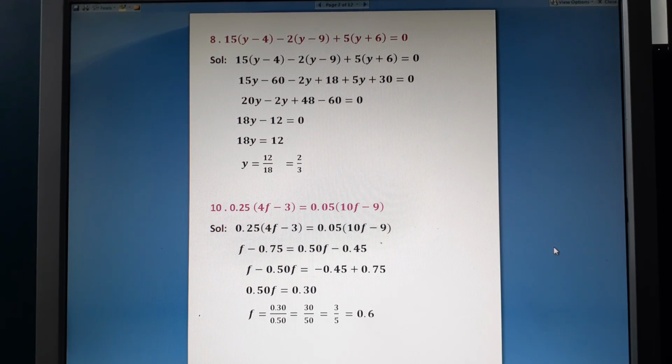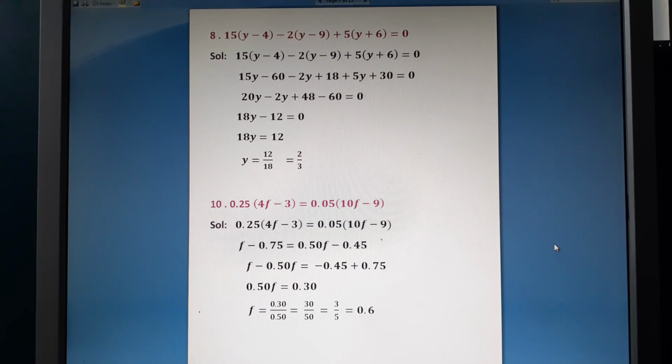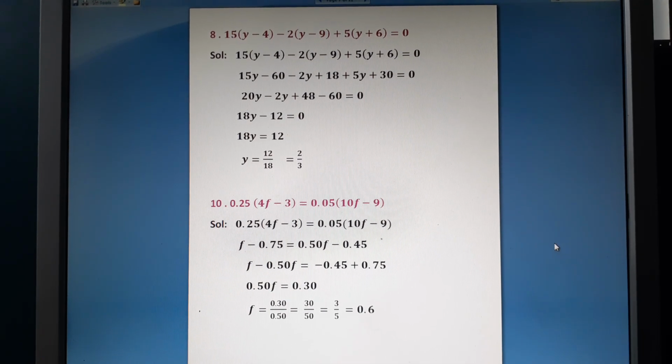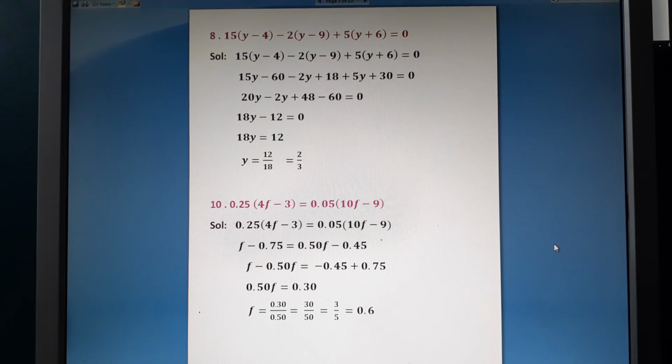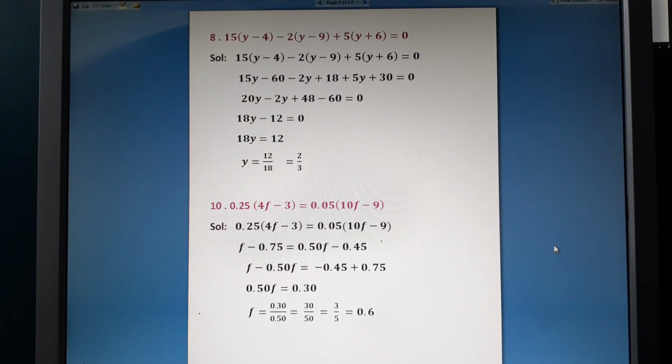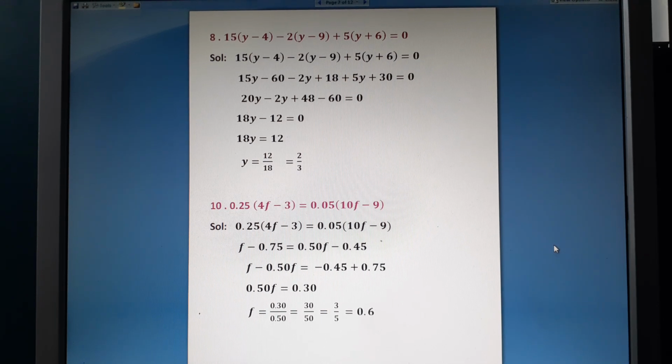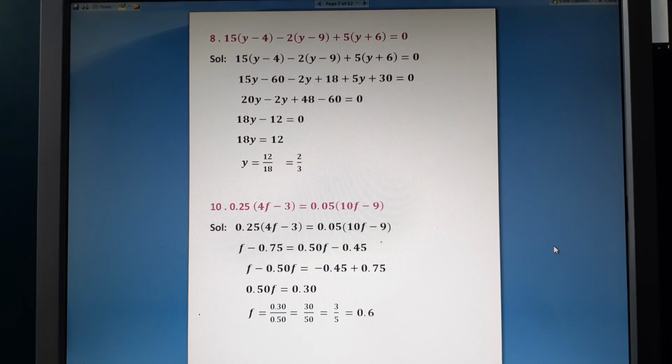Now f − 0.50f = −0.45 + 0.75. f minus 0.50f is what? 0.50f. That is equal to 0.30, because 0.75 minus 0.45 is equal to 0.30.